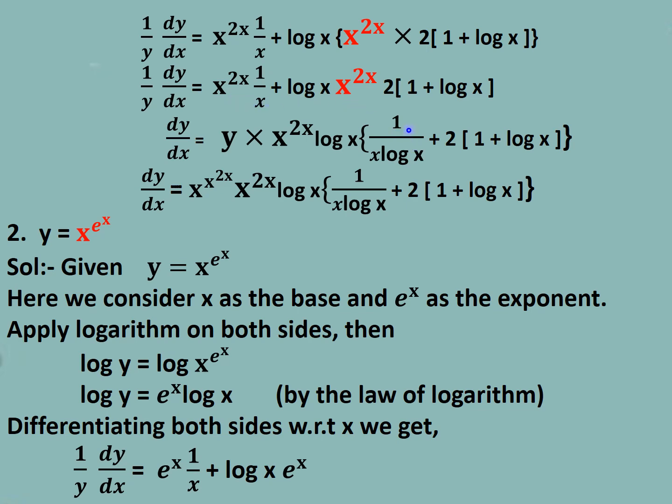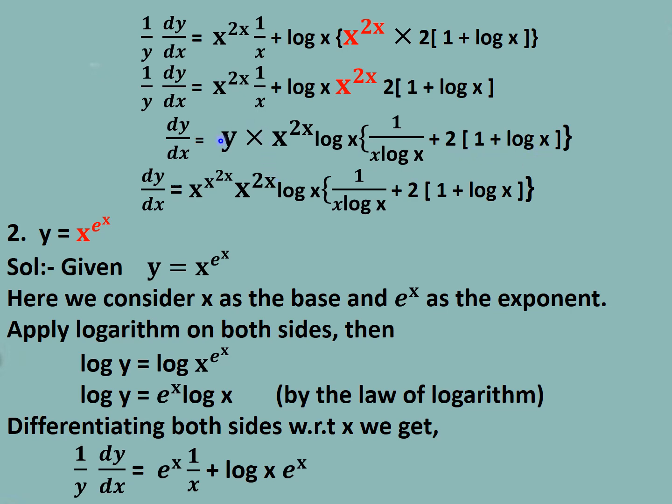Therefore inside the bracket we will take log x in the denominator, because there was no logarithm in the numerator. Now replace this 1 upon y to the other side, RHS, as y into x raised to 2x into log x. The remaining part inside the bracket is 1 upon x log x plus 2 into 1 plus log x.